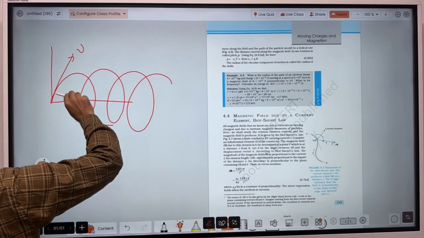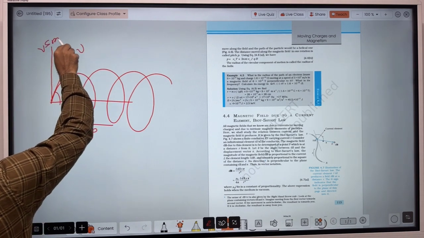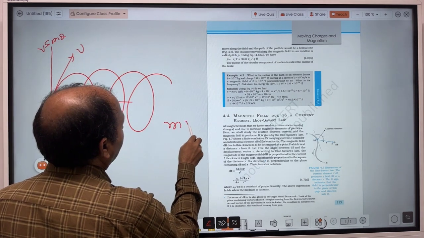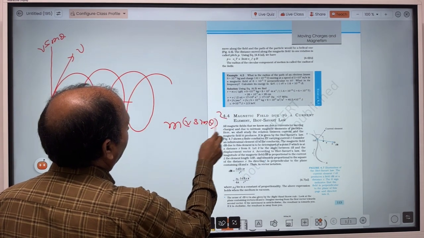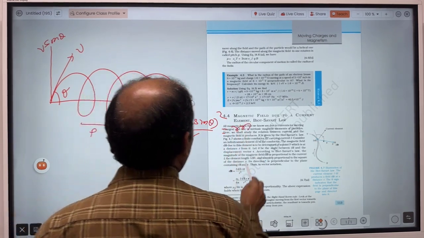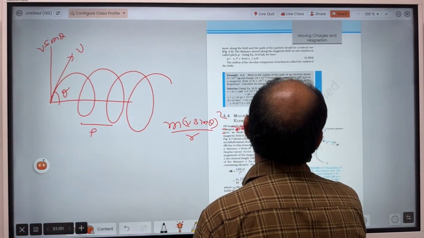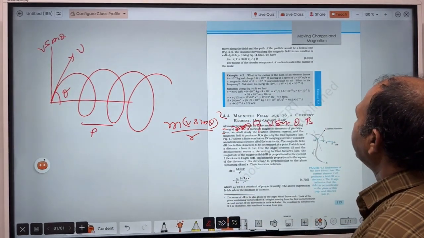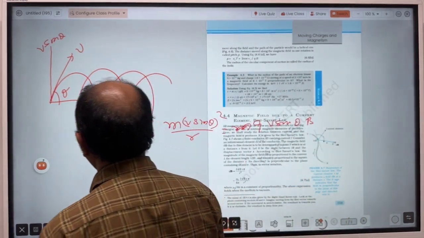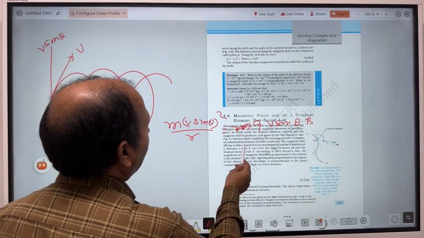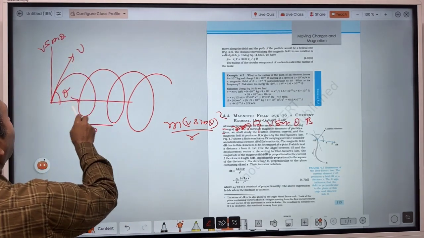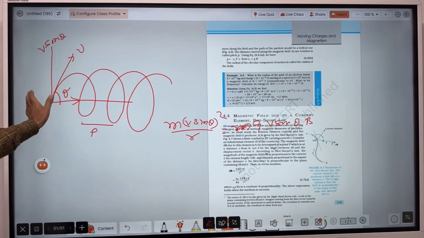This velocity is v, this angle is theta, so v sin theta will be responsible for the circular path, from where we can find m(v sin theta) whole squared divided by r is equal to q v sin theta into B, and then we can get the value of r, we can get the value of velocity. And now if we consider its horizontal component, what will it be?